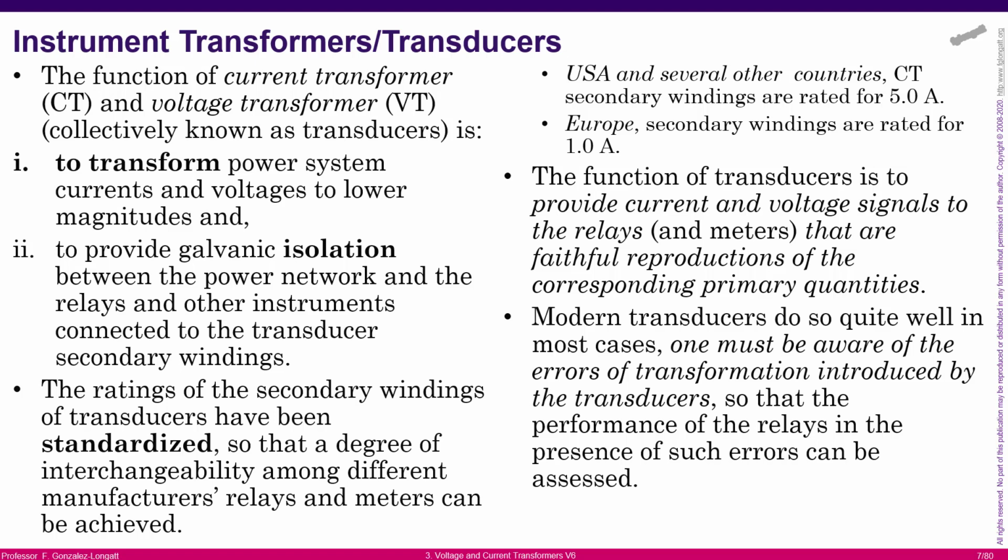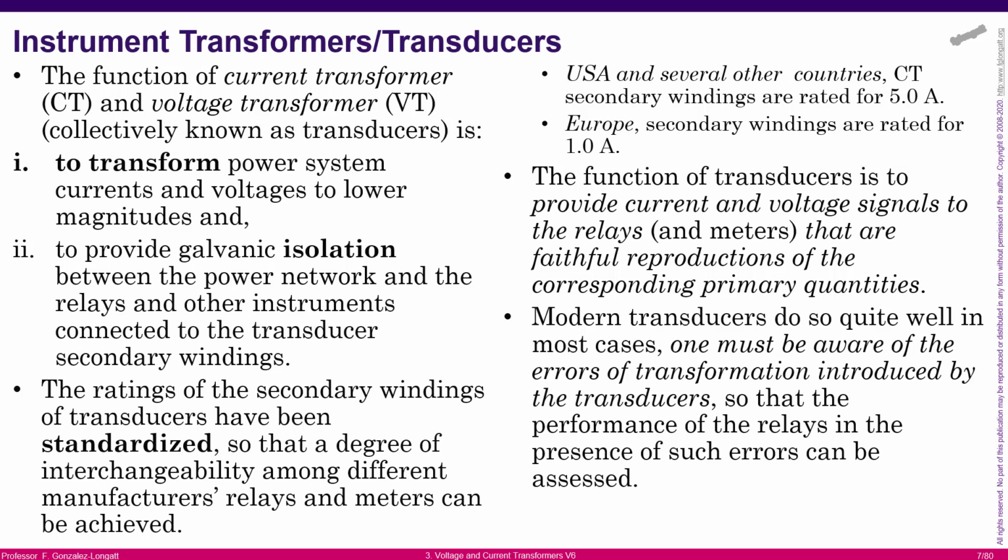At this moment, I just want to say that current transformers and voltage transformers, primary and secondary, have standardized values. As a consequence, we can find them in the market and they allow interchangeability between different components.